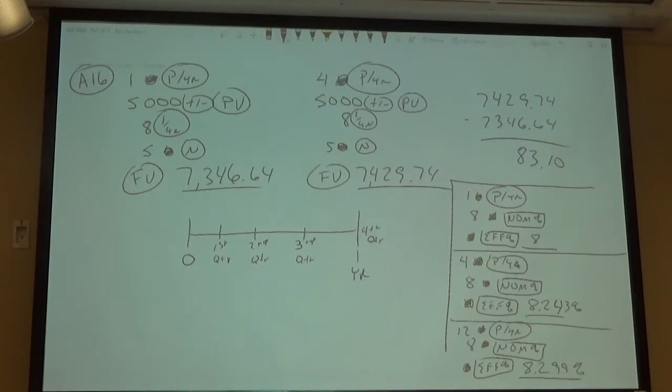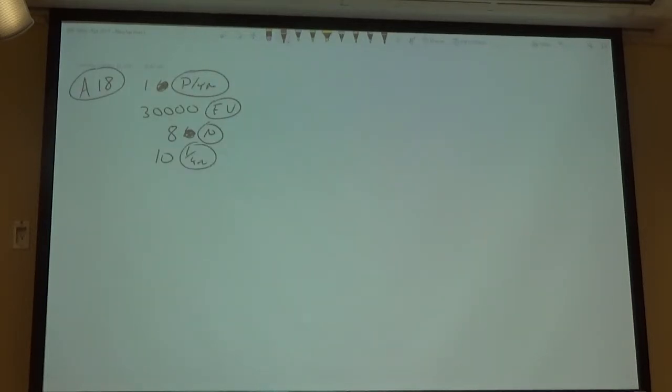Number 18. Okay, this is annually. All right. 30,000 is going to be our future value. 8 years is going to be our term. 10% is going to be our interest rate.